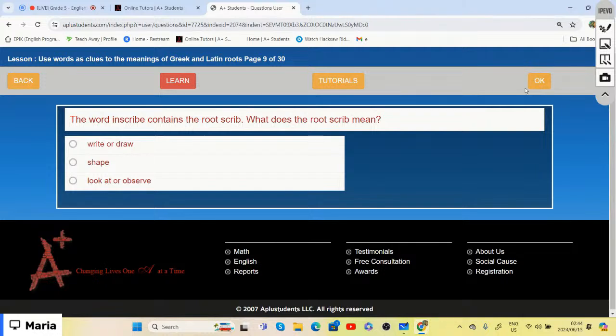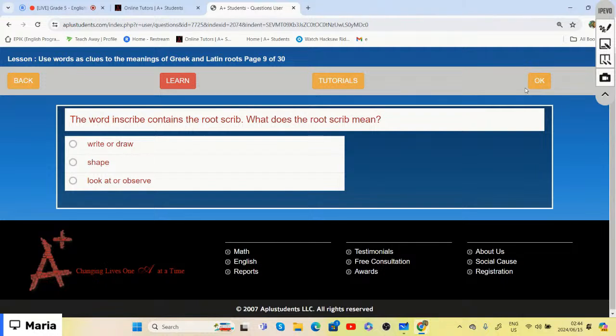Think of the word scribe. Think of group work when they say that you are the scribe in the group.